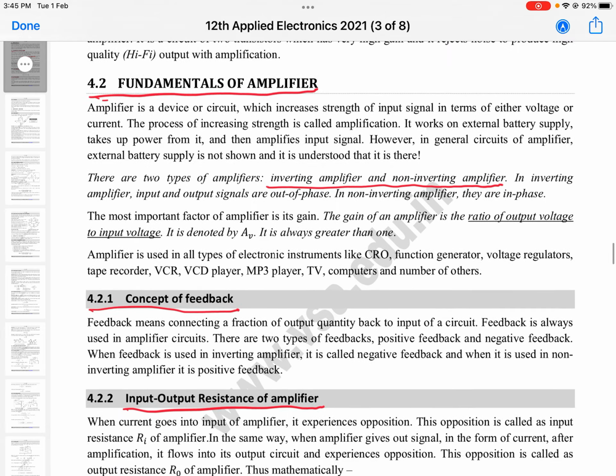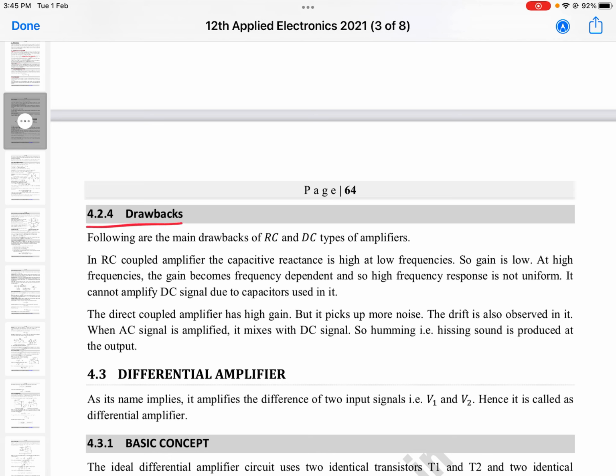chapter number 4. Now, there is also one important point, that is drawbacks. These drawbacks are rarely asked in the HSC board examination. There are certain drawbacks, of course. Every circuit has certain drawbacks, and there are drawbacks of RC and DC amplifiers. In the RC coupled amplifier, the capacitive reactance is high at low frequencies.